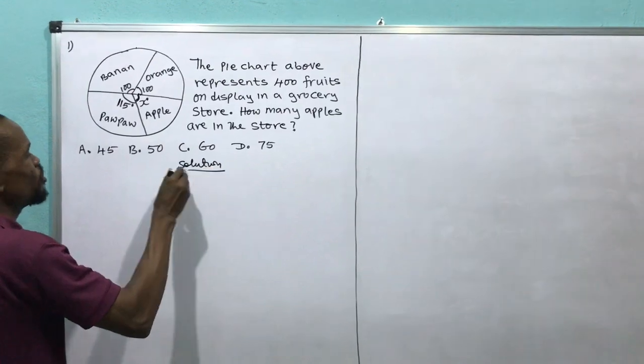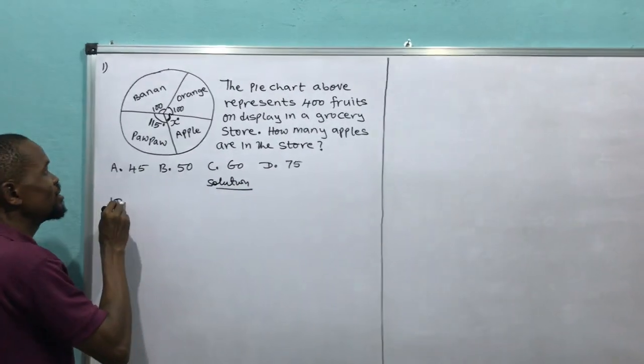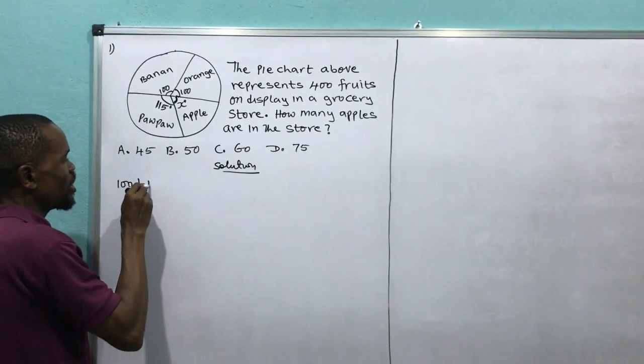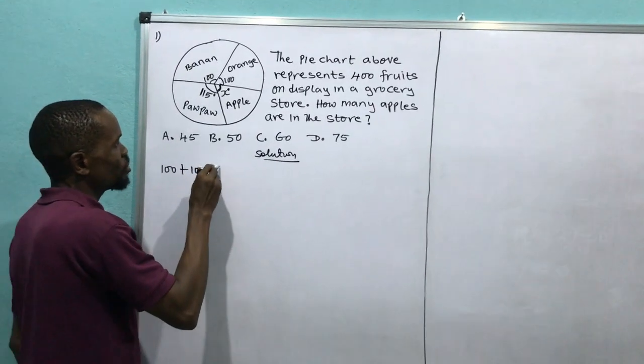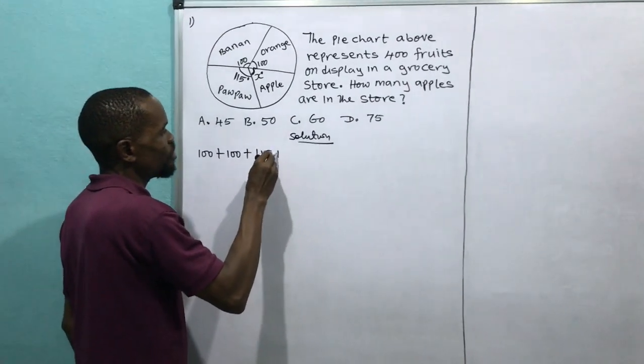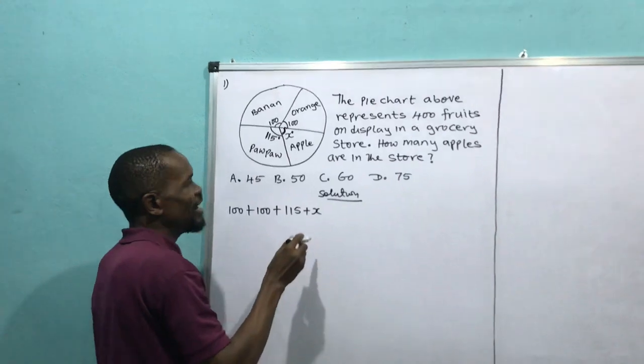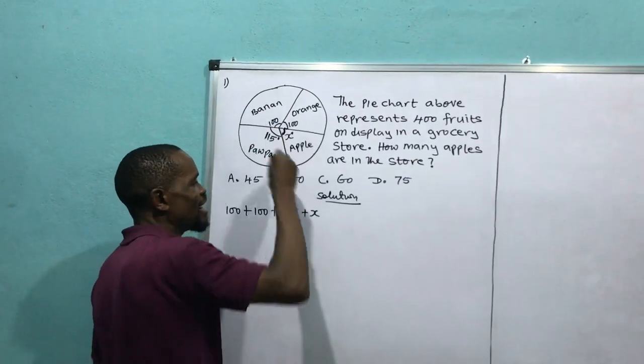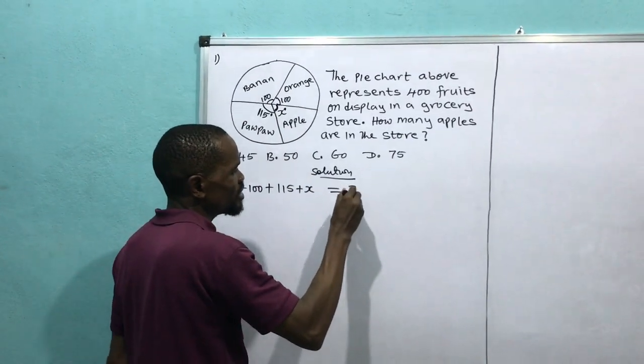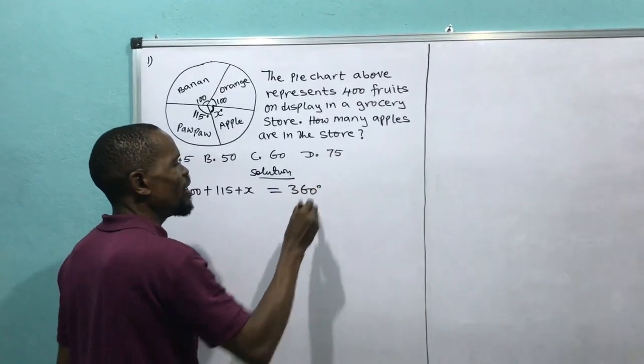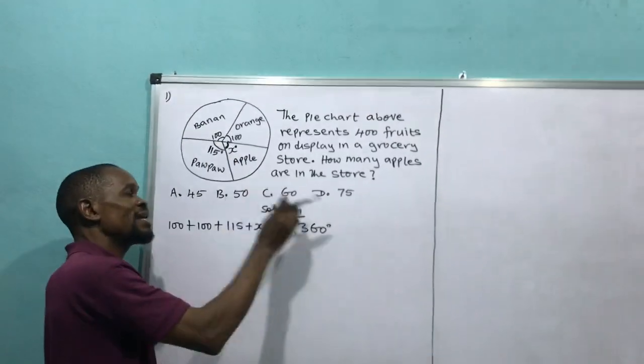The angle for apple will be 100 plus 100 again plus 115 plus X. And the total of this angle is equal to 360. Reason why we say 360? Angle at a point.